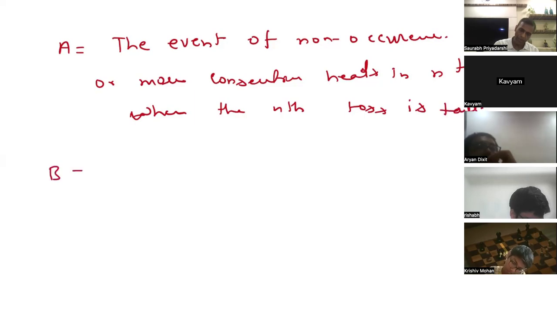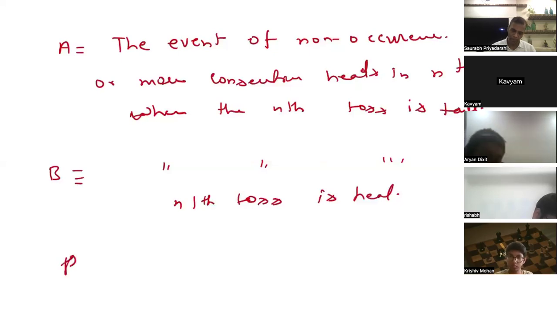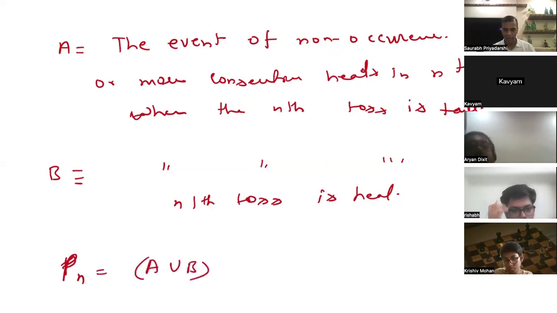B says all of this, but the nth toss is head. What we require is Pn, the probability for n, which is nothing but the union of A and B. Can I say this?